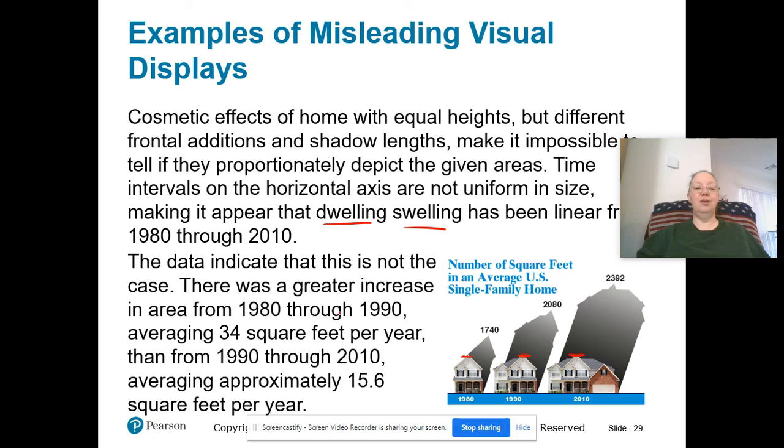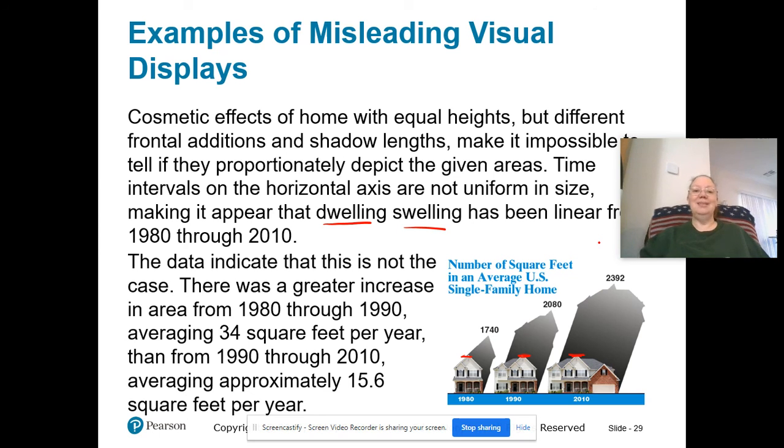There was a greater increase in area from 1980 to 1990, averaging 34 square feet per year. Then between 1990 and 2010, it was only averaging 15.6 square feet per year growth. So it makes it look like the growth was at the same rate when in fact it wasn't at all.